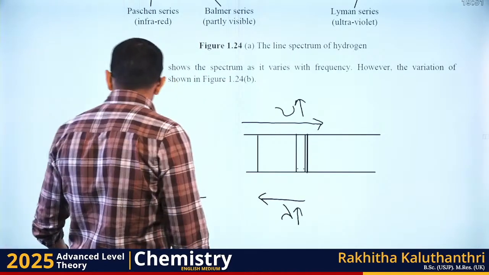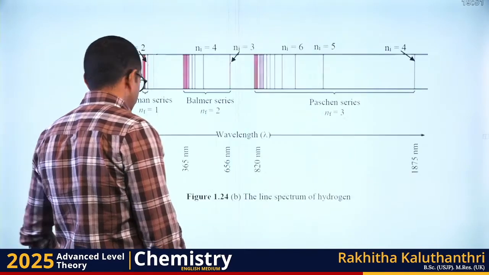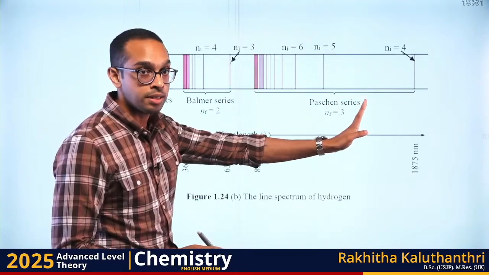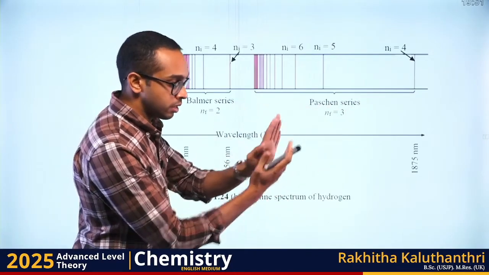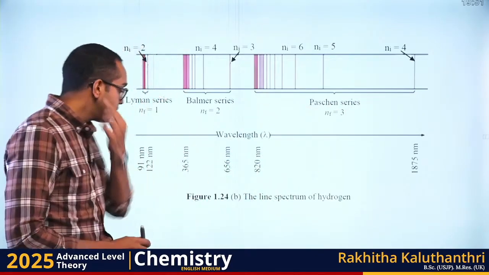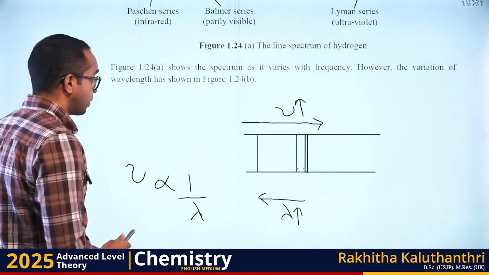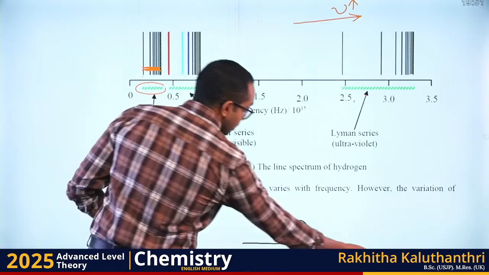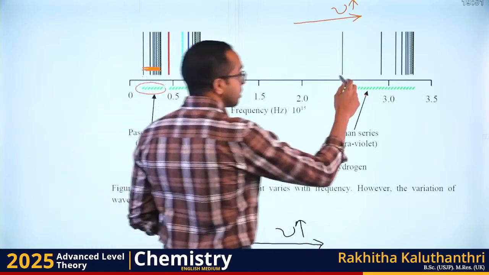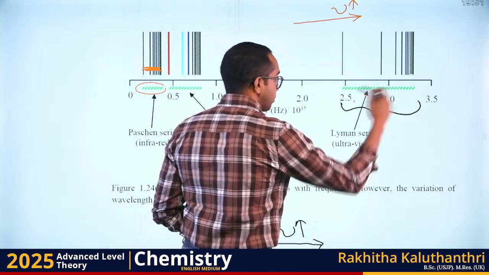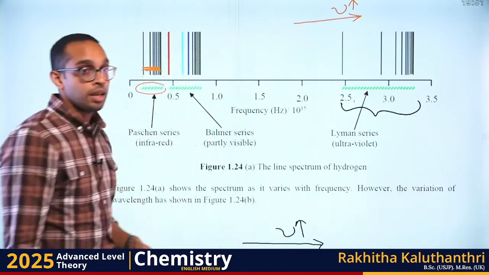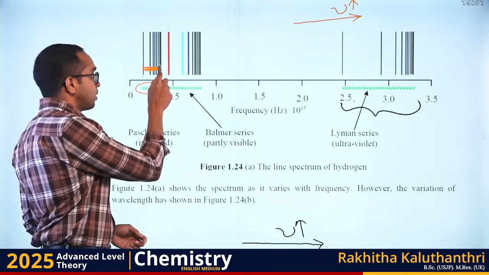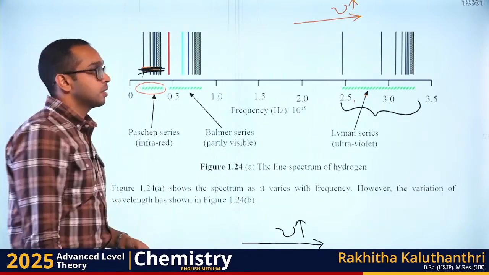Okay, so one observation is that as you move towards higher frequency areas, the gaps between the lines decrease. Another very important observation to make over here is this. You can see here, Lyman series is quite a broad series when you draw it in the frequency distribution, and Paschen is a very narrow series here, right?